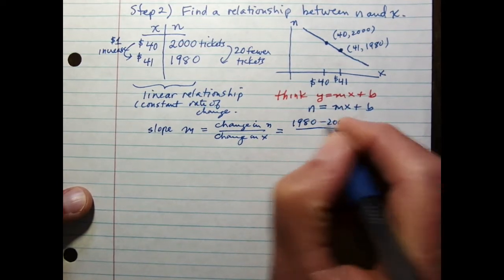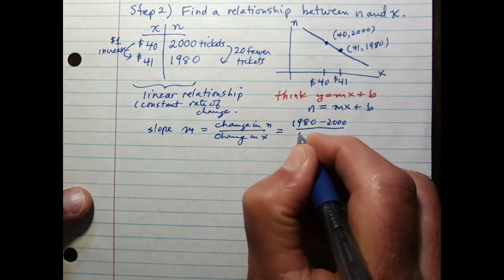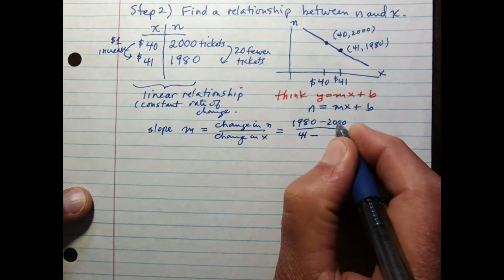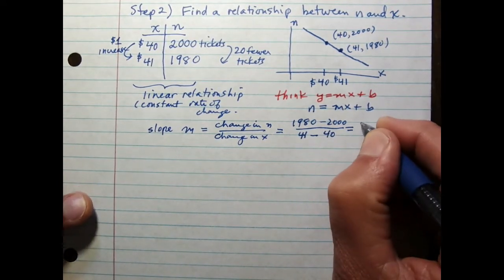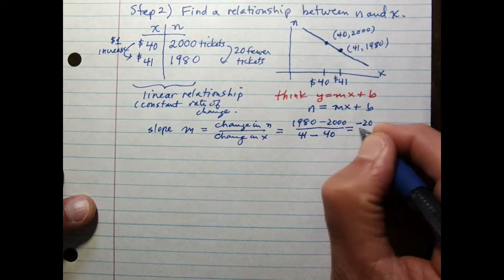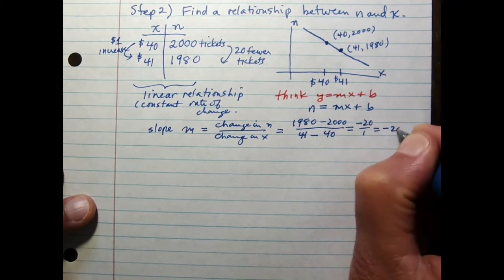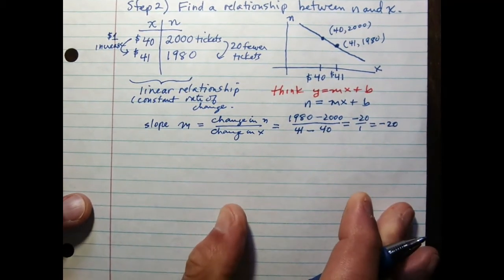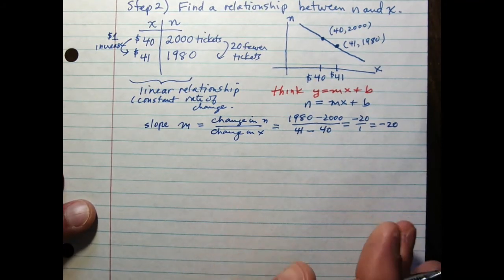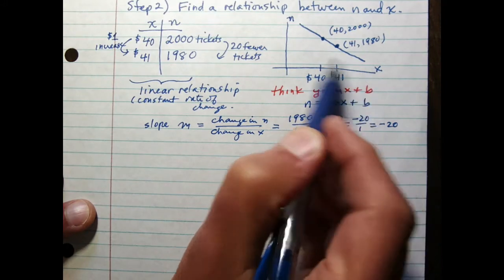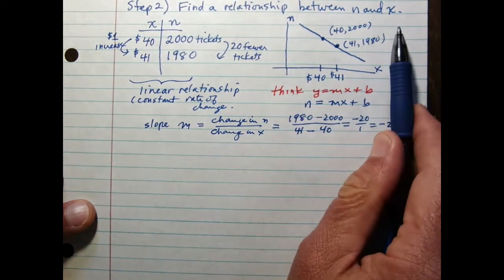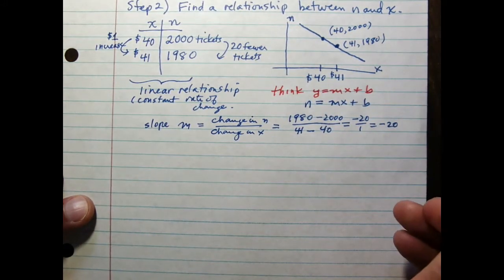Now I've got to be consistent. 1980 goes with $41, 2,000 goes with 40, and I'm going to get negative 20 over 1, or negative 20 is the slope for this linear relationship. The line is decreasing as we move from left to right, so we expect negative slope.